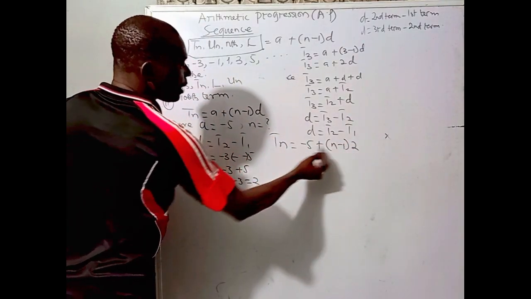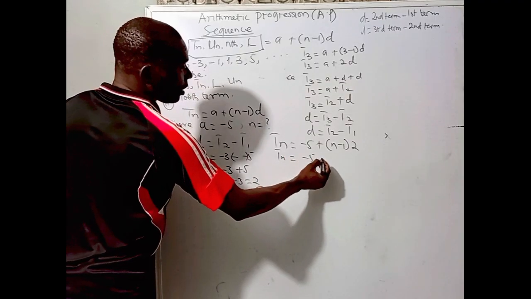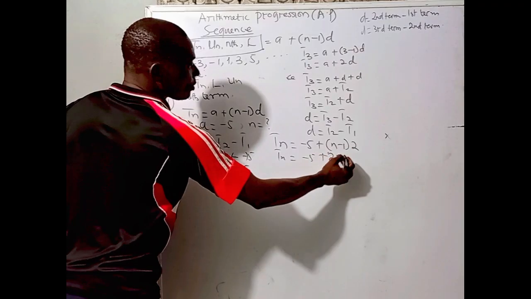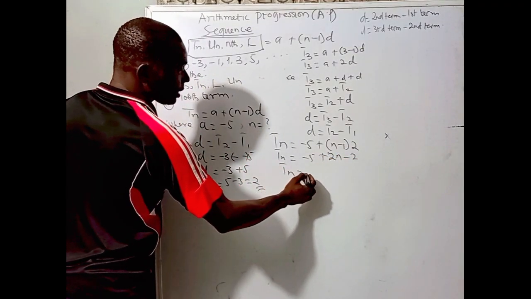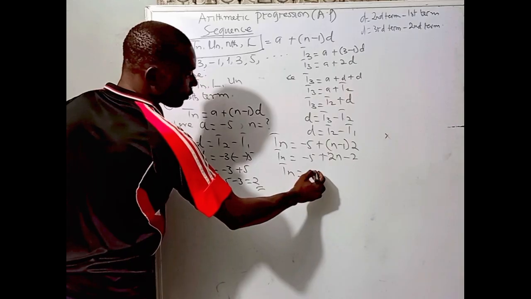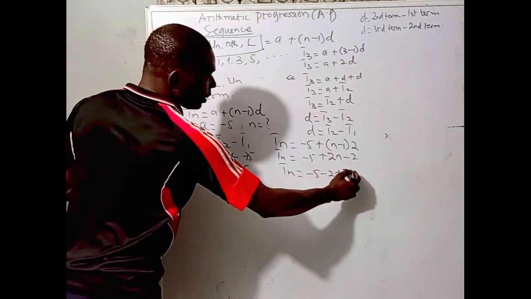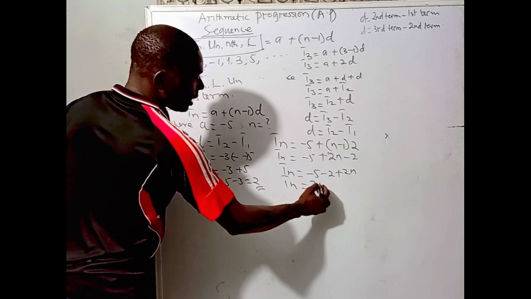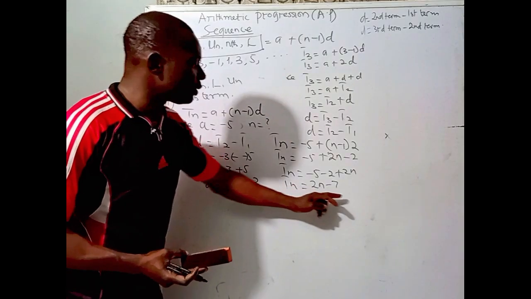So you open this bracket. tn is equal to minus 5 plus 2 times n, that gives 2n. 2 times minus 1 is minus 2. So tn is minus 5 minus 2 plus 2n. So tn is 2n minus 7. It means that this is the sequence that is giving birth to this one.